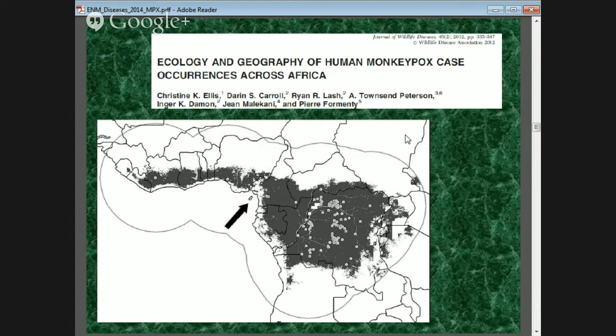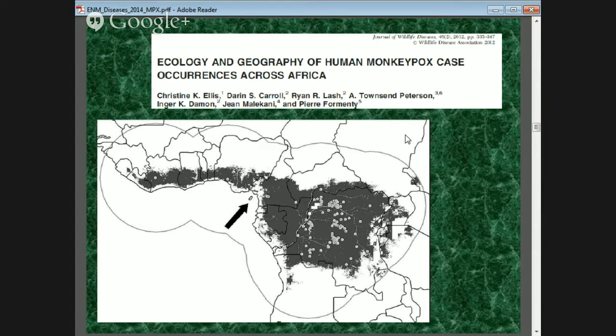Sometimes these people were presenting in clinics, and sometimes people were encouraged to present to clinics to get diagnosed, and those cases were recorded in a database, with some geographic data and the results, whether they were monkeypox or not.